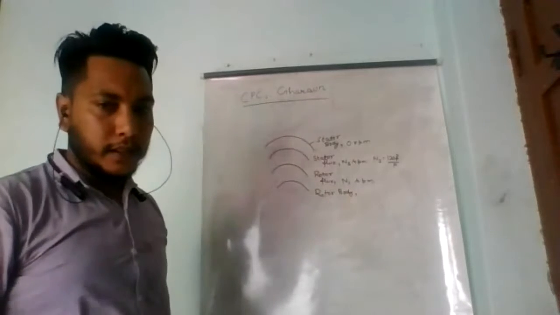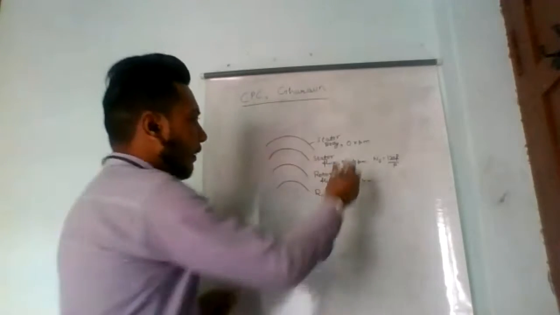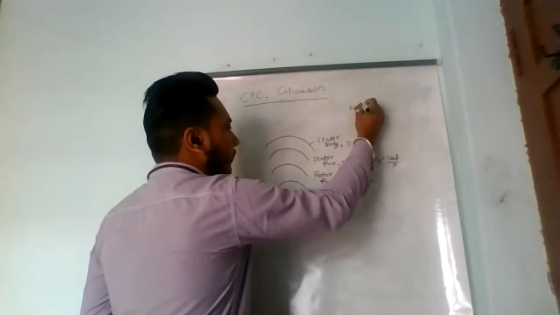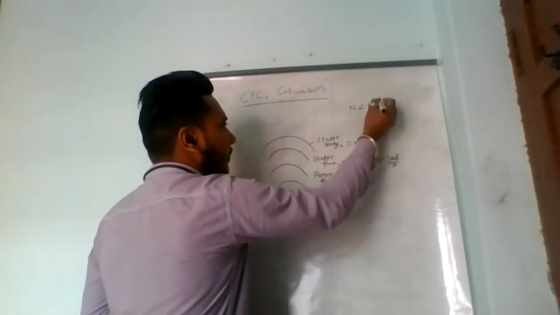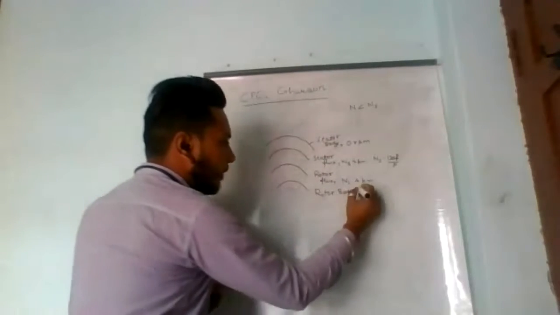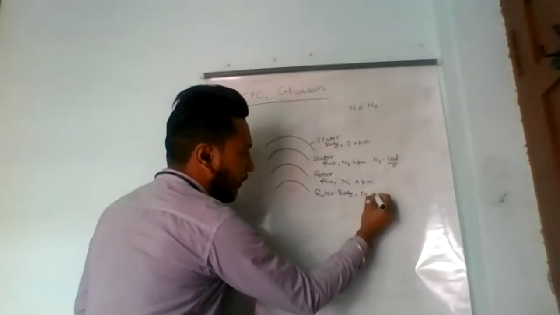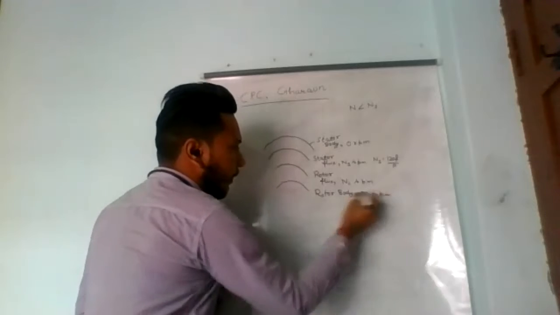The rotor body always rotates at a speed n, which is less than the synchronous speed. The rotor body speed is n RPM.